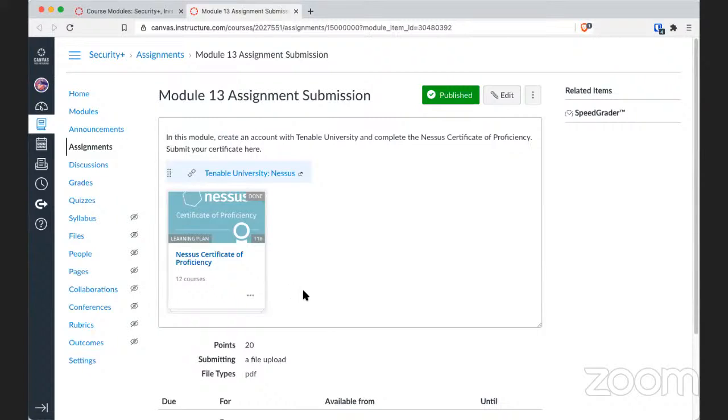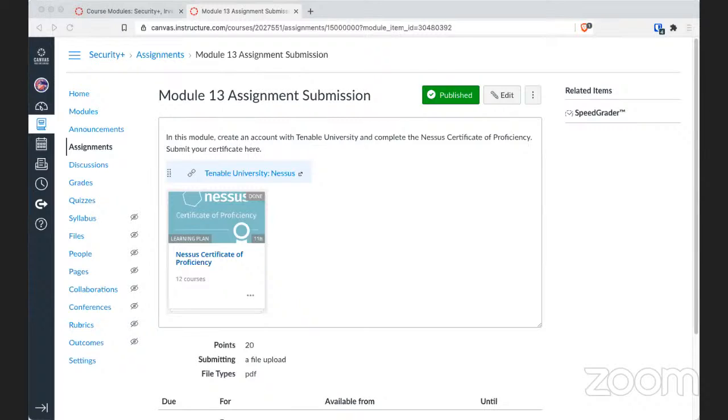Learning Nessus is a good tool to have in your toolbox. The free version handles perfectly fine for what you need to learn. I don't think you need to purchase Nessus itself, but it's definitely a good tool to have in your belt to understand how it works, to understand the information that it tells you, because you would need to use it or a tool like it in order to get the information you need to create those reports that would explain the assets, their threats, their vulnerabilities, and their impact.